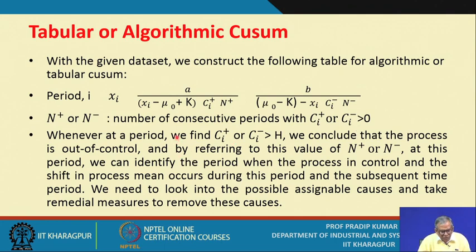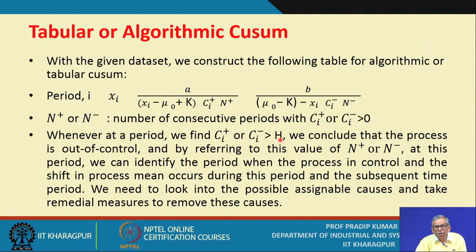Now this point you please go through. The first thing is that whenever at a period, say time t, or say the ith time period, ith sample, we find Ci plus or Ci minus greater than h.